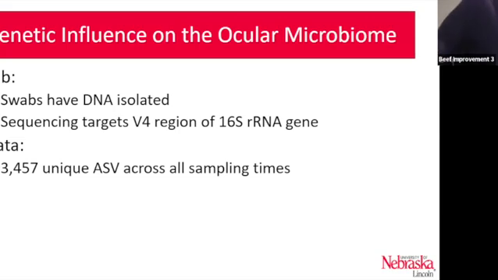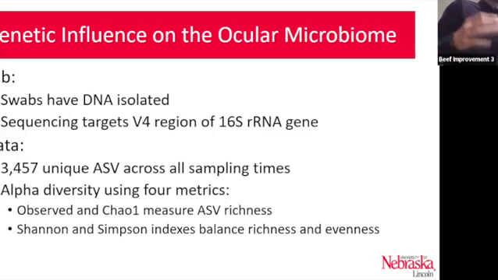And so what we end up finding is we have 3,457 unique ASV across all sampling time points. And the first thing we looked at was something called alpha diversity. How diverse is that ocular microbiome? And we did this using 4 metrics. The first 2, the observed and the Chao-1 index, they measure ASV richness.